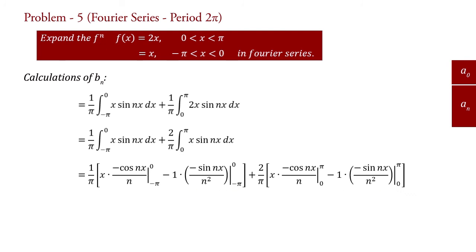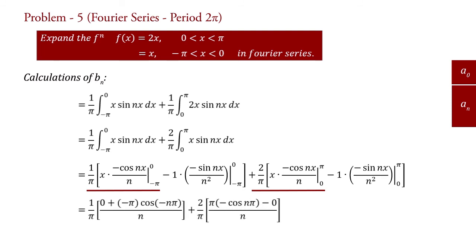And putting the values of limit in remaining terms, we get bn equal to 1 upon pi into bracket 0 plus minus pi into cos of minus n pi upon n plus 2 upon pi into bracket pi into minus cos n pi minus 0 upon n.